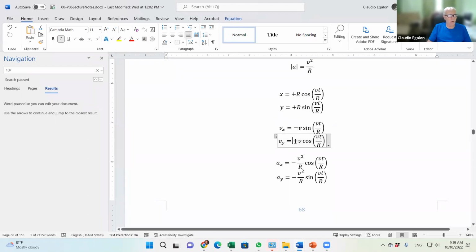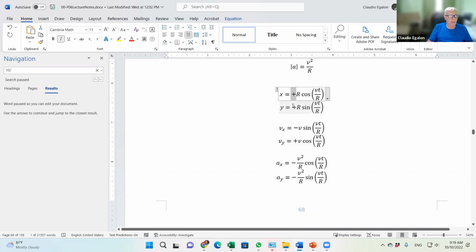The component along the y direction has a positive sign. And then when you go to the acceleration, we get back the trigonometric functions we had initially. The x direction is going to be cosine, the y direction is going to be sine. What changes is the negative sign here.